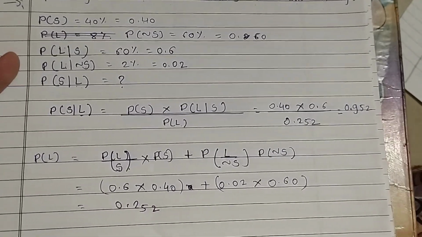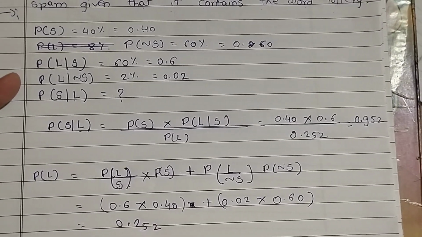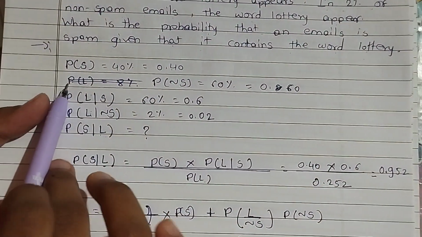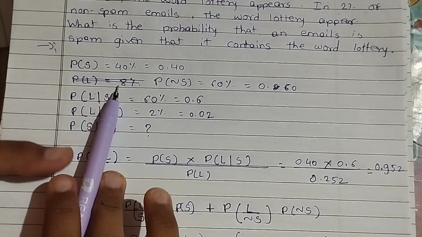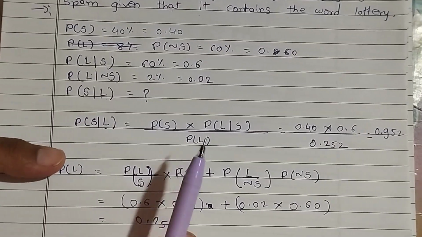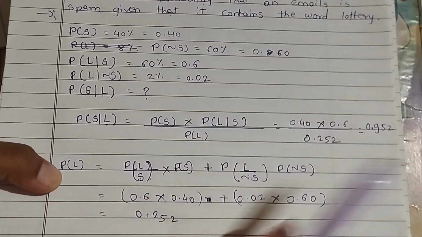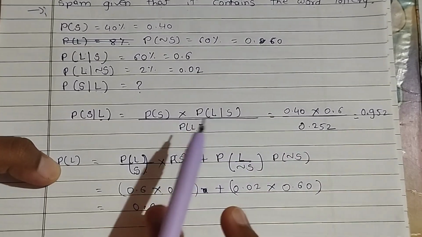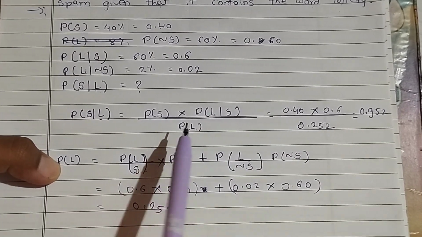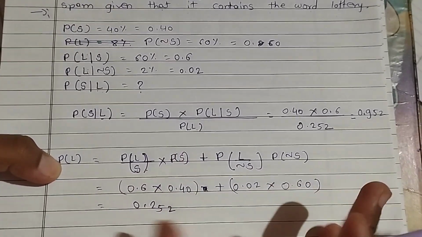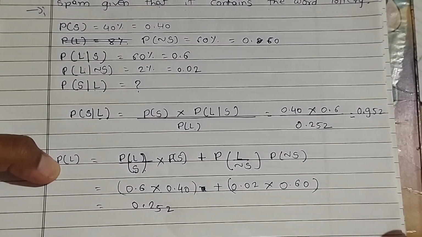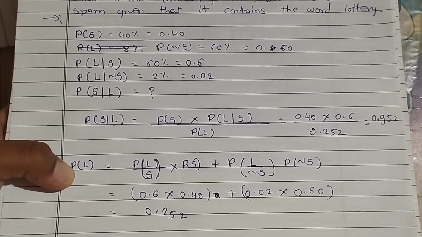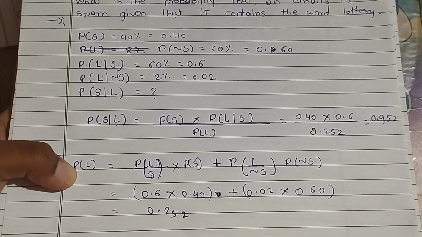So in this way we find the probabilities. Don't get confused here. P of L is 8% given, but we do not put this value in directly. We always find the second term in this way, so don't put any value in directly. I hope you get the idea, and if you have any doubt or query, let me know in the comment box. Thank you.